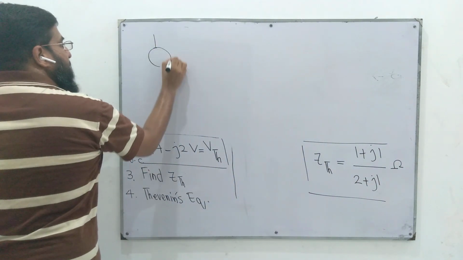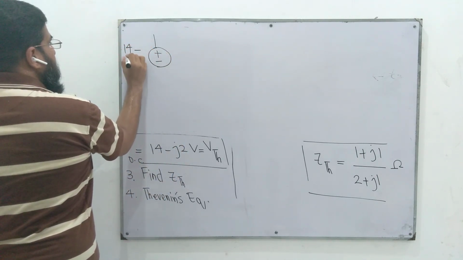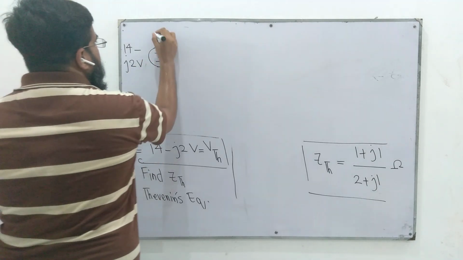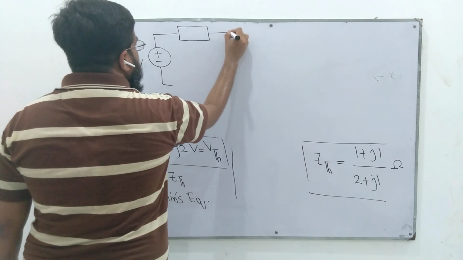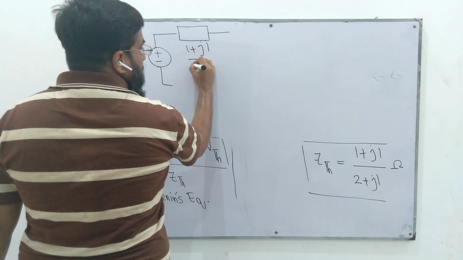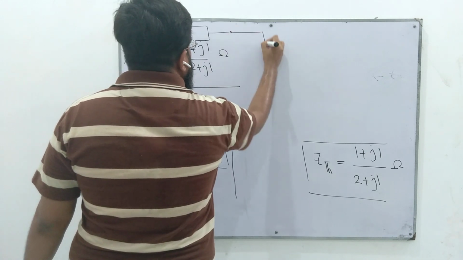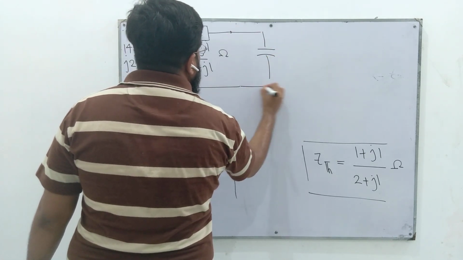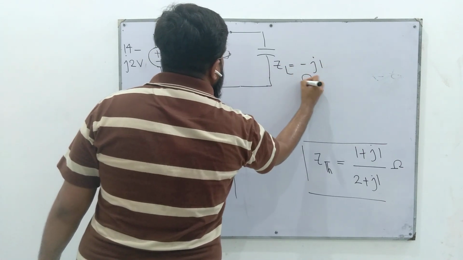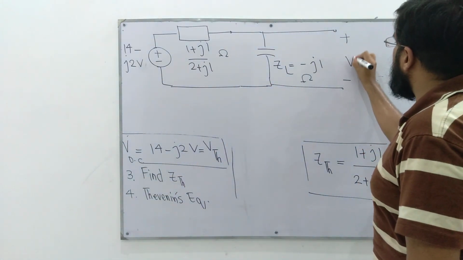This equivalent is a voltage source having magnitude 14 minus J2 volts in series with an impedance having value 1 plus J1 over 2 plus J1 ohms, and we put the load impedance back, which is CL, which we removed in step number 1, minus J1 ohms. We have to find voltage drop across it.